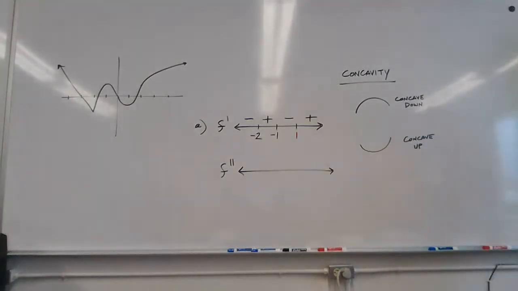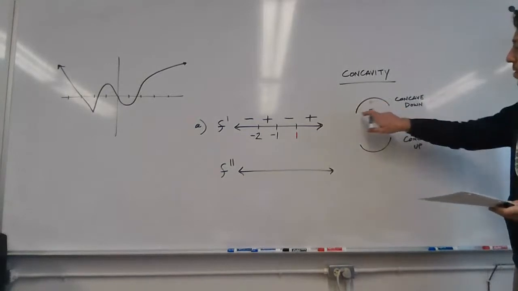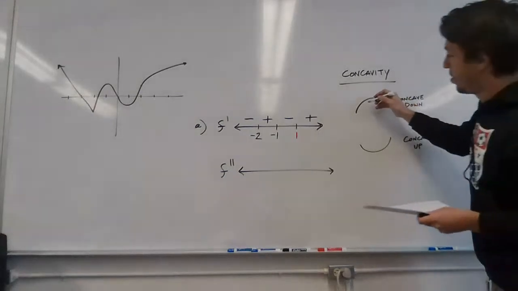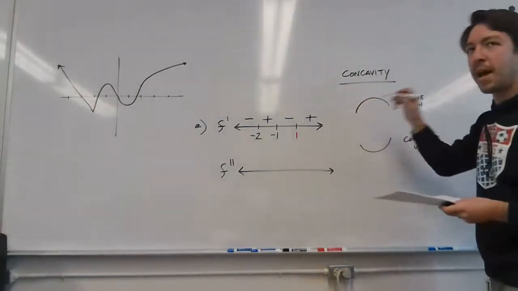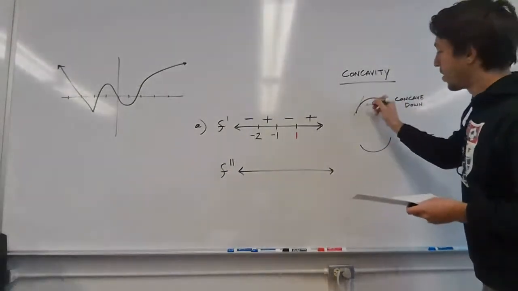All right, so what does that have to do with derivatives? Do you see how on this shape the derivatives can be positive or negative? Watch what's happening to the derivatives as I move from left to right across the curve.